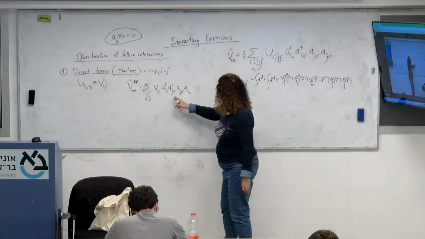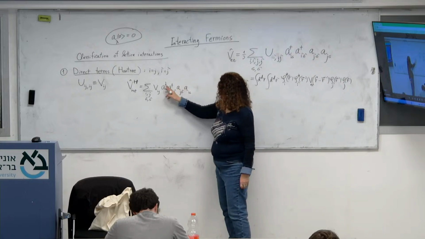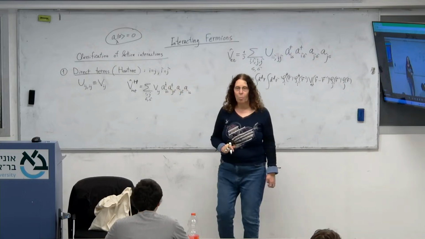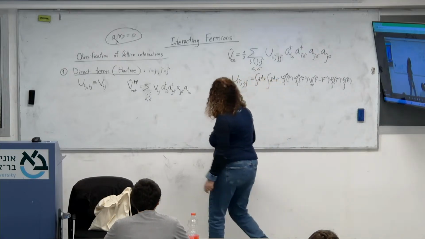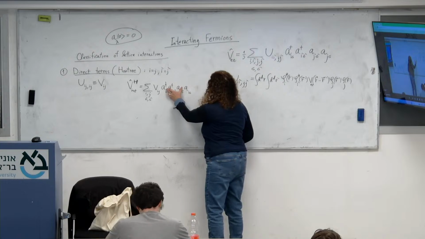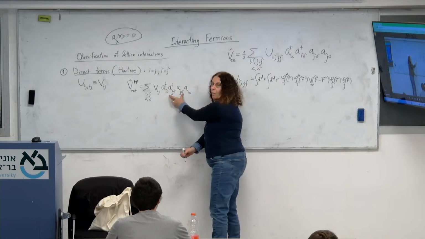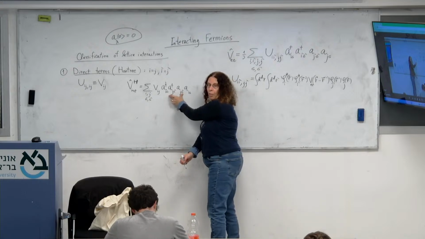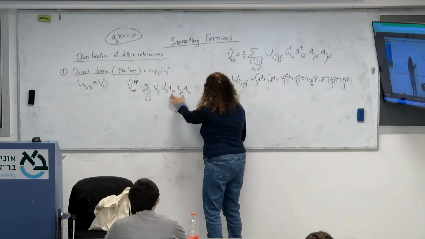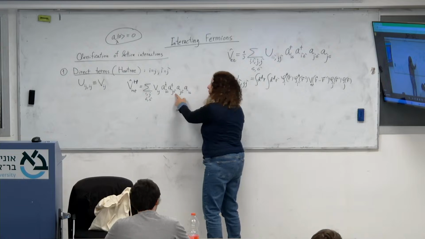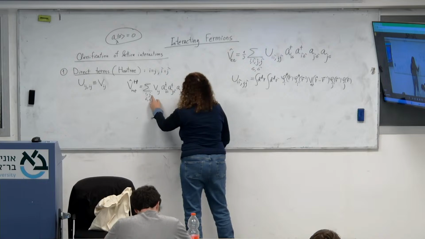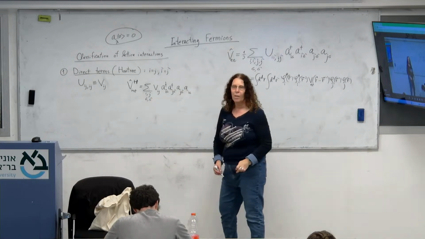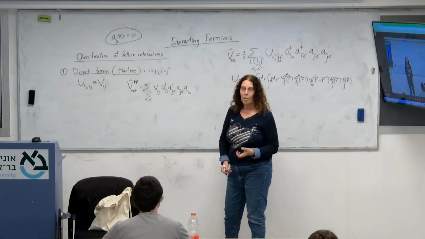But you see that I can express it in a more compact way, because if I just take this product, what is it? It's the number operator at site j and spin sigma prime.